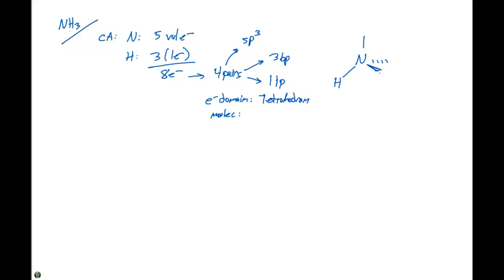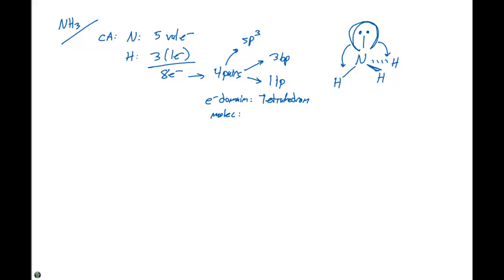So we put 3 hydrogens around here, and then we have this lone pair of electrons that we have here. And remember when we talked about this VSEPR theory, that the repulsion is going to be greater for a lone pair than it was for all the bonding pairs.